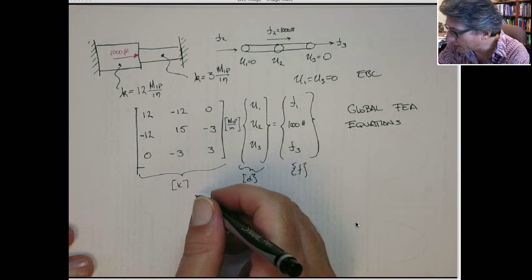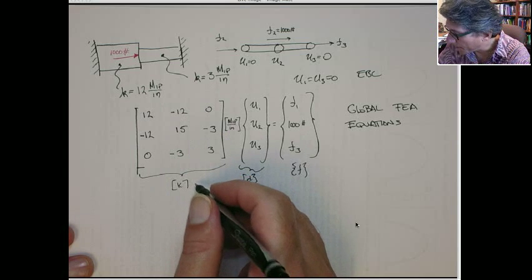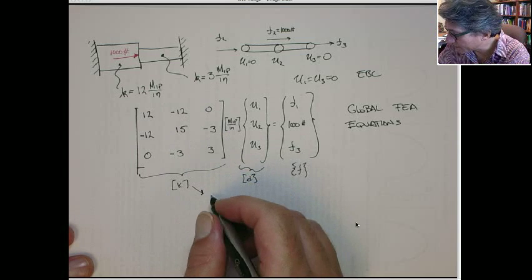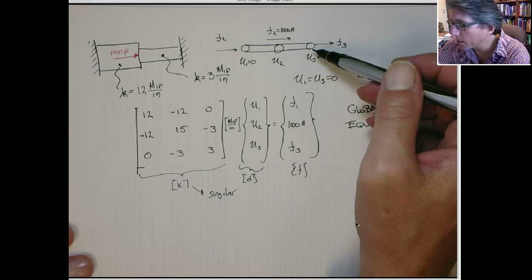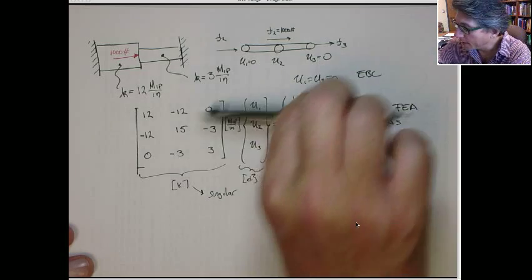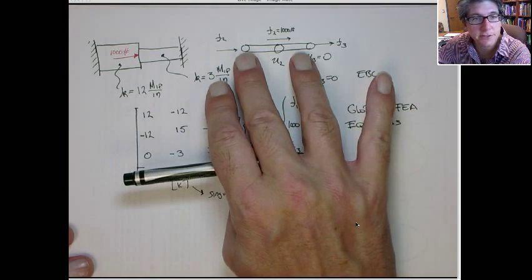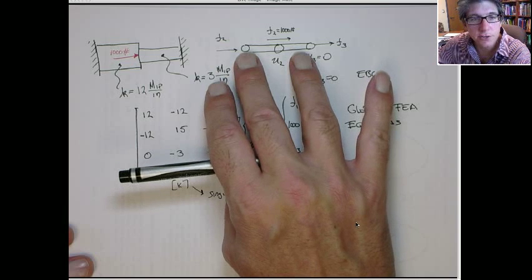But as it stands now, this stiffness matrix is singular. They always will be singular until you apply the essential boundary conditions. Because again, without essential boundary conditions, the solution is not known uniquely for the displacements.